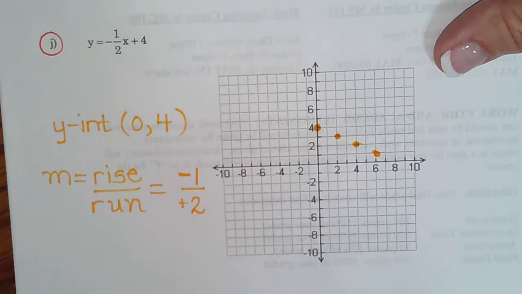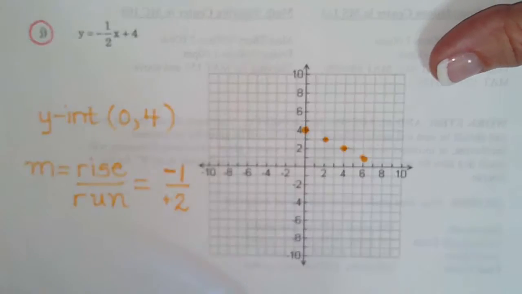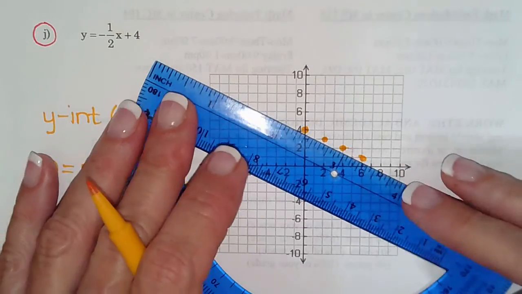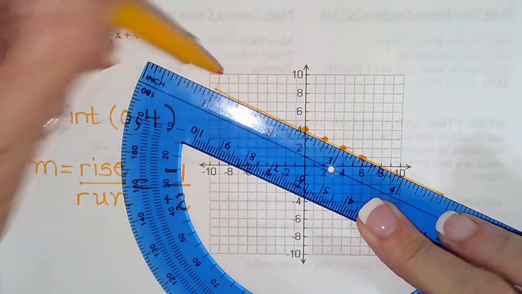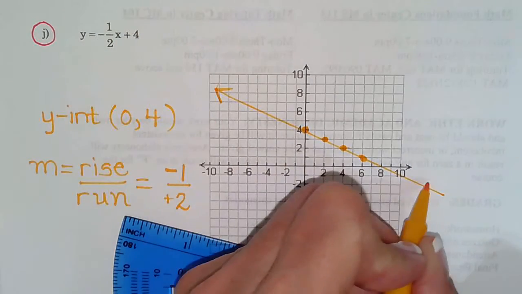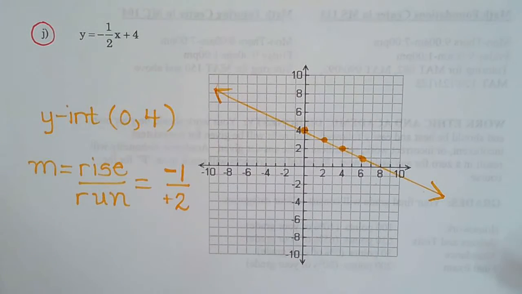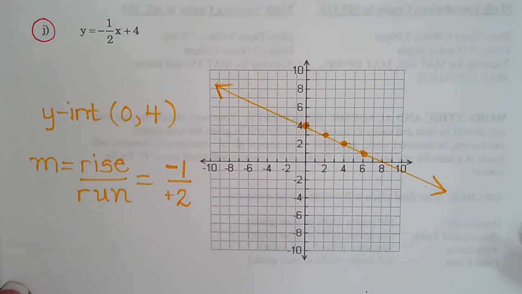You can do as many of those as you like, and connect, arrows on both ends, and we are good to go. So that was our brief little review of graphing from Module 6.